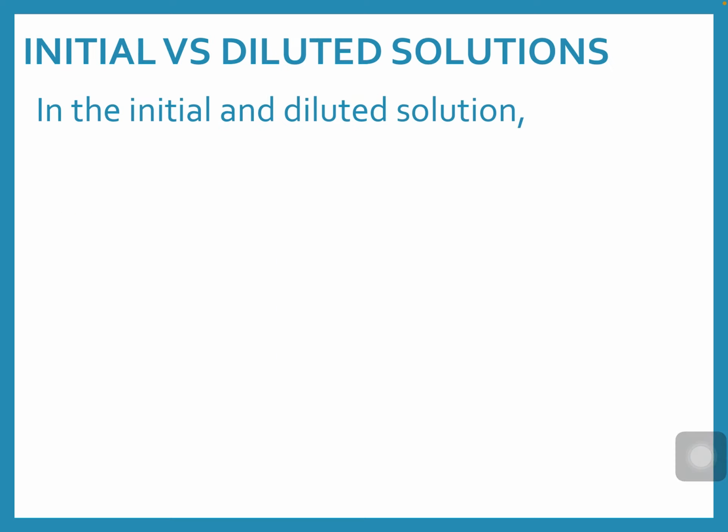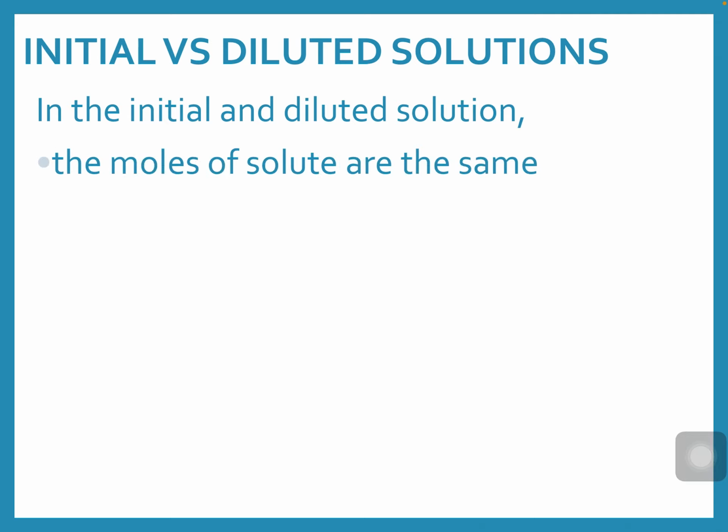So in the initial versus diluted solution, the number of moles of solute doesn't change. There's no addition of solute, only addition of water, which means more solvent and also more overall solution. So the volume changes, but the number of moles of solute is the same in both.